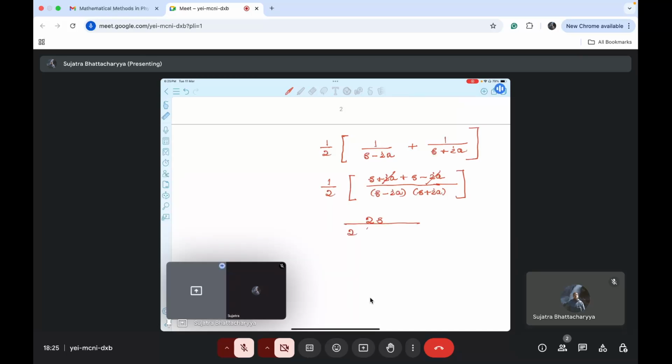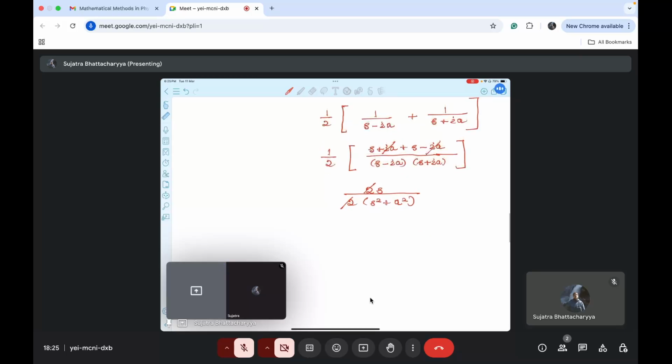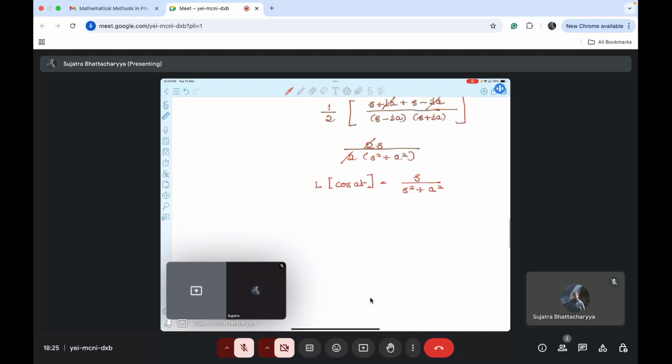Now this becomes s square plus a square. Why plus? Because iota square is minus 1. So when you have iota a whole square, you get a minus sign extra. That makes it negative, negative, positive. So 2, 2 cancels. So Laplace transform of cos at comes out to be s divided by s square plus a square. Important result. Okay.